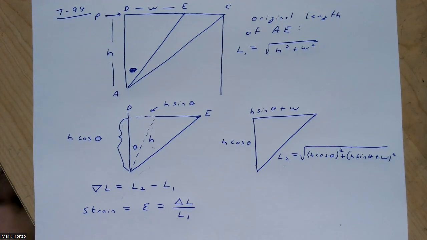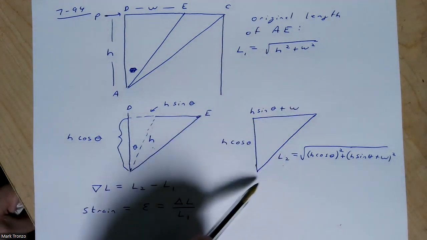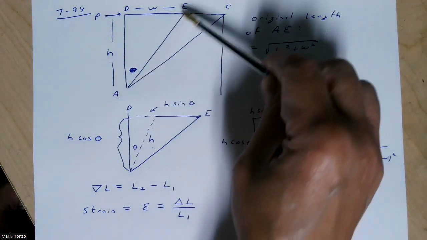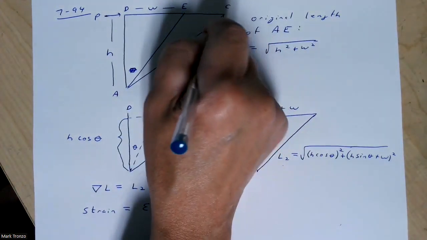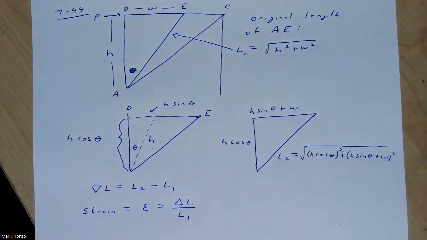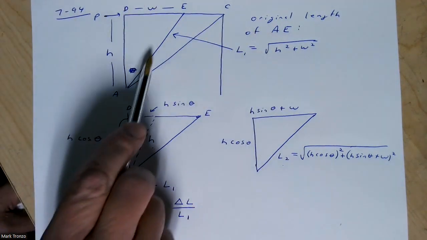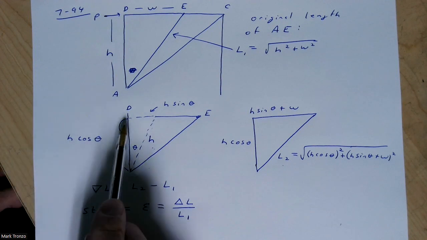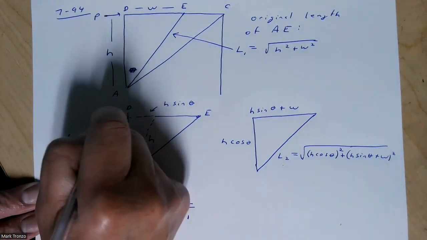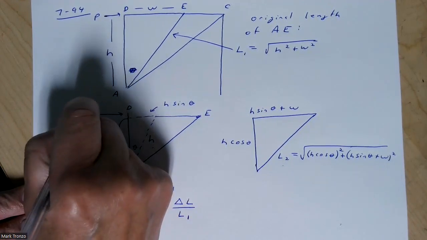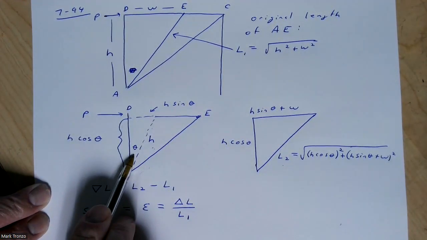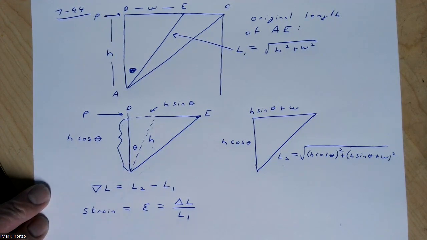So again, let's take a look at this. To find the strain, we had to see how much change there was in the length. So we found the original length of this, simply using Pythagorean's theorem, the square root of the sum of the squares of these sides. But now this is being pushed a certain degree, whatever you were given in your problem.